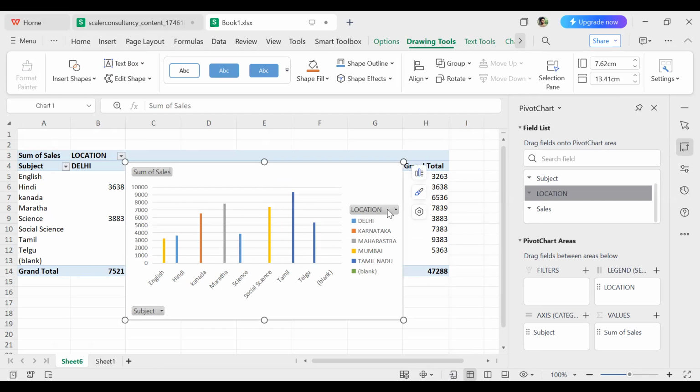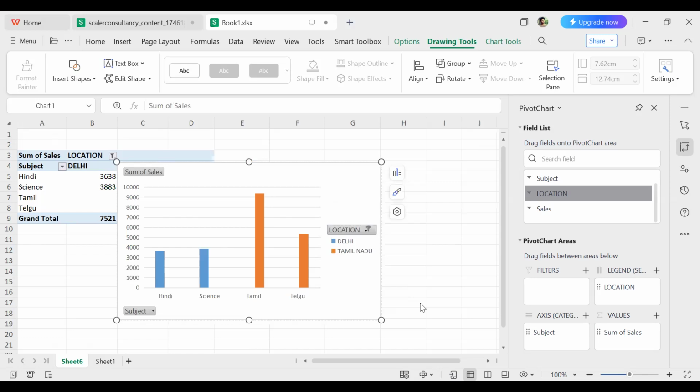And if you want to know only Delhi, you can just have the Delhi version and the Tamil Nadu version. You can see here Hindi, Science, Tamil, and Telugu, and in a particular location, how much sum of sale there is.